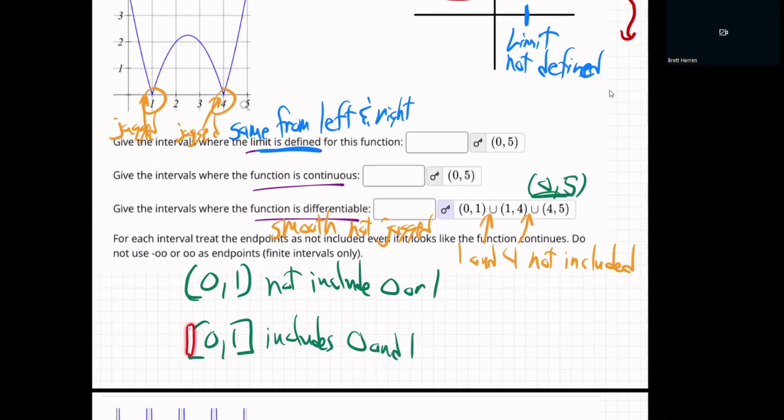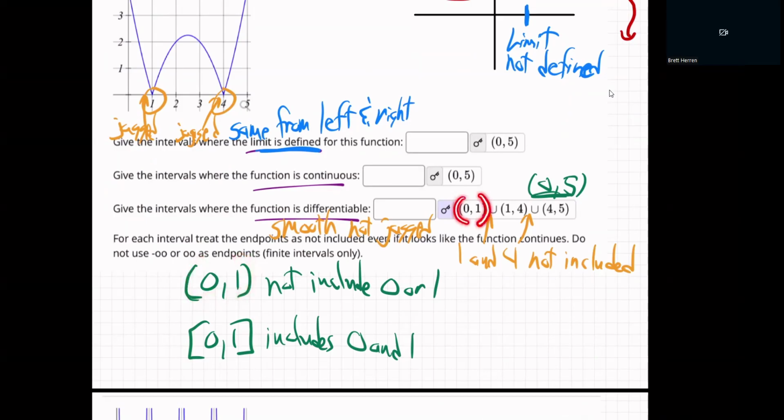Do you remember that? Brackets have straight edges. You're straight on the 0, straight on the 1. You put parentheses, you're saying, I'm around the 0 and around the 1. Just think of it like it's rounded. You can be close to 1, like 0.99999, but not right on 1, just around 1.